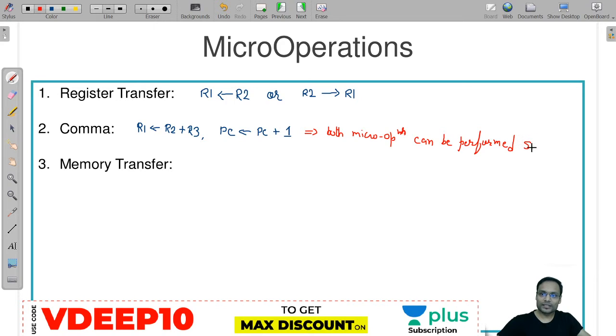There are some chances that the CPU can perform two micro operations simultaneously. If there are such chances, then you can write those two micro operations in a single line separated by a comma.